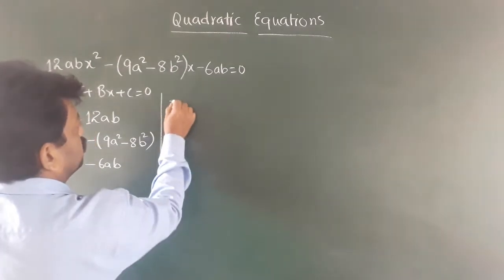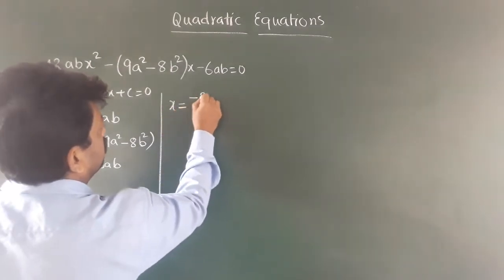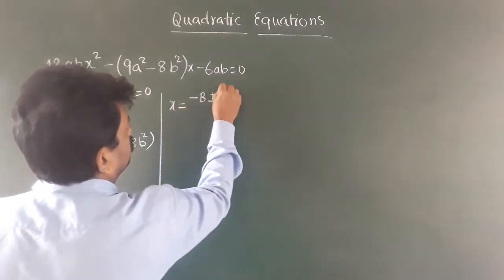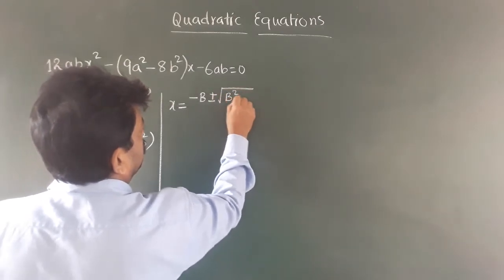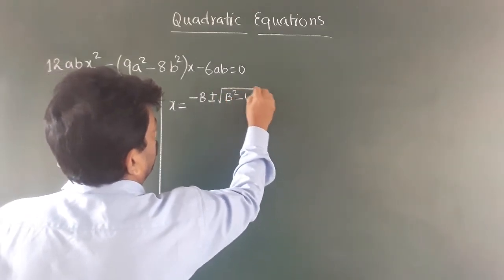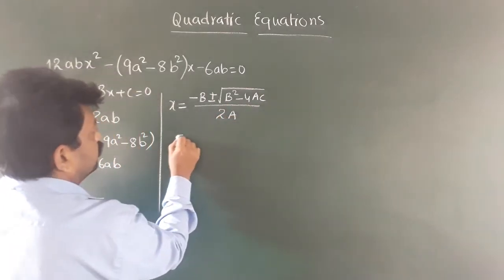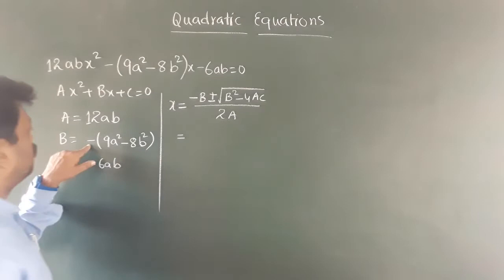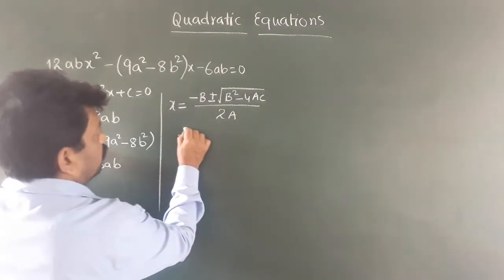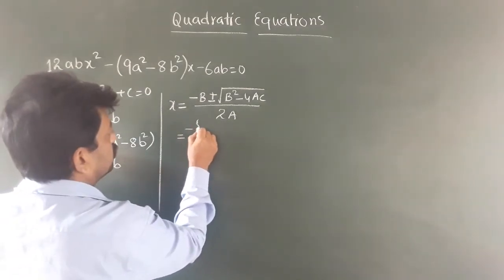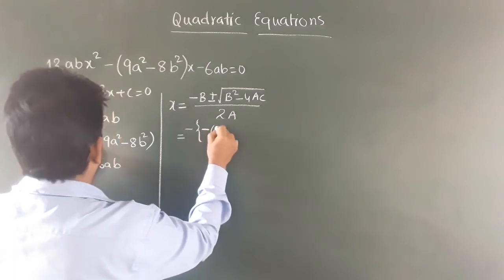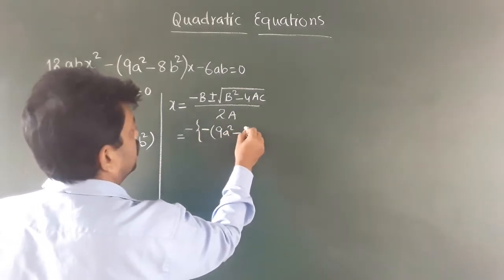So x equals to minus B plus minus root over B square minus 4AC upon 2A, equals to minus B means minus of this one, minus 9a square minus 8b square.